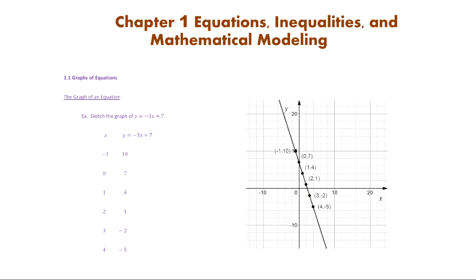And next, I choose 3 for x. So we got y equal to -3 times 3, which is -9 plus 7. So that's -2. And last, I chose -4 for x. So y will be -3 times 4, which is -12 plus 7. And we got -5.